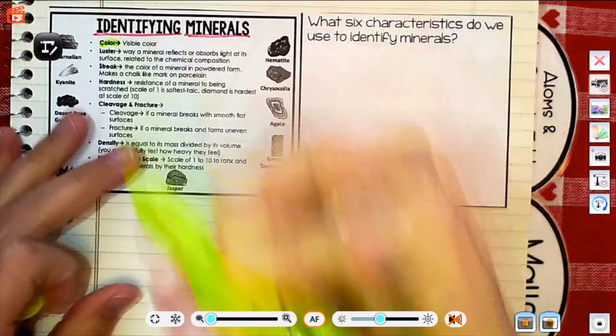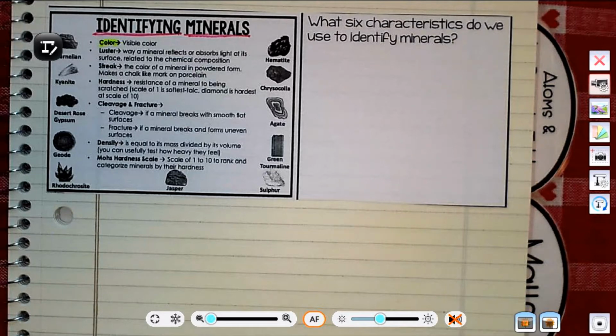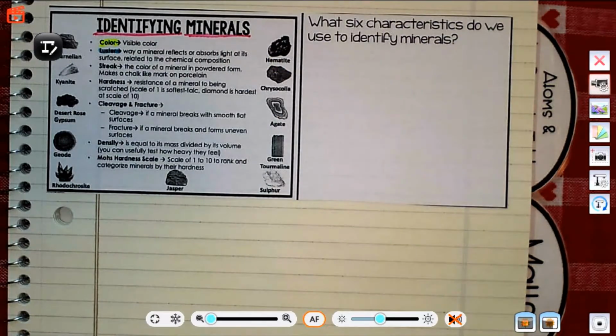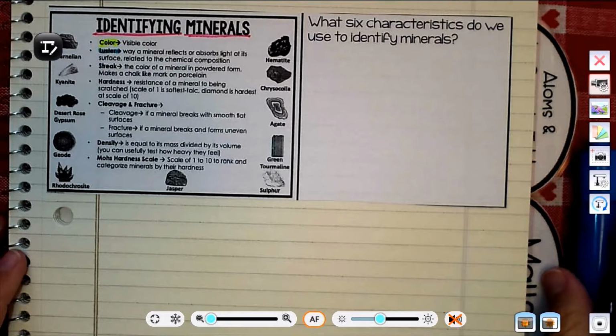So that's what we can see with our human eyeballs. Just like, what color is it? The next one is luster. So we're going to look at the way a mineral reflects or absorbs light at its surface. So that has to do with what it's made of.